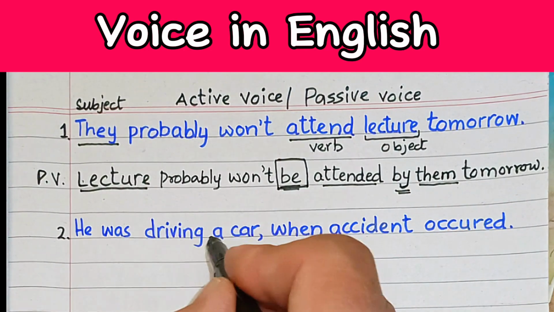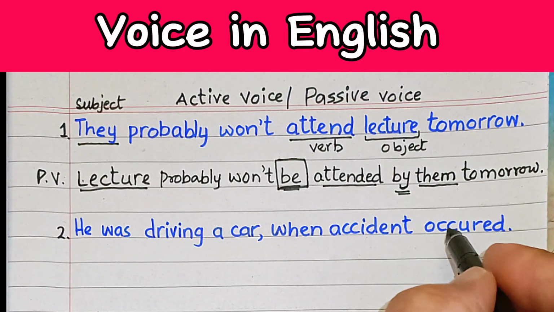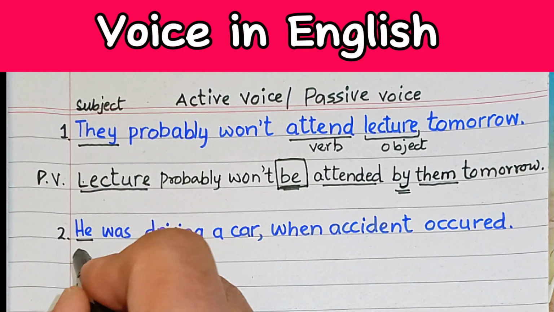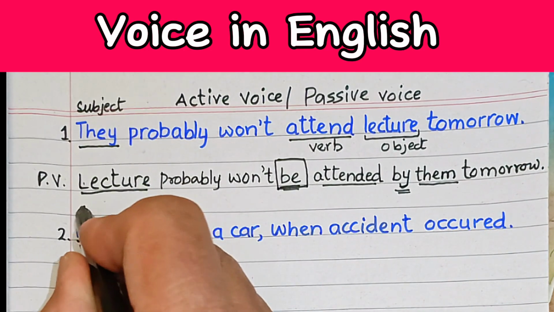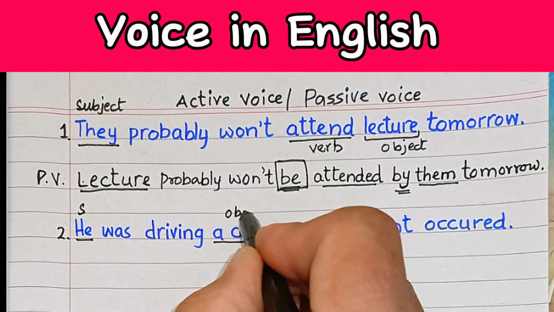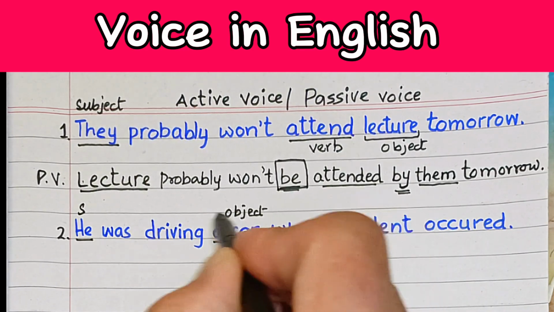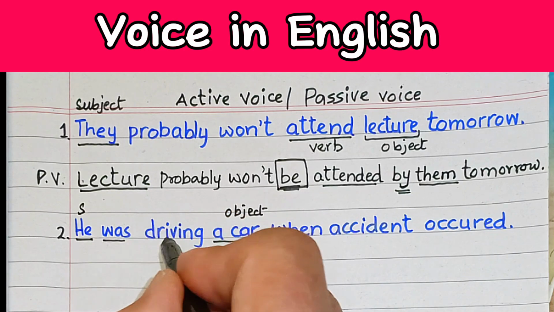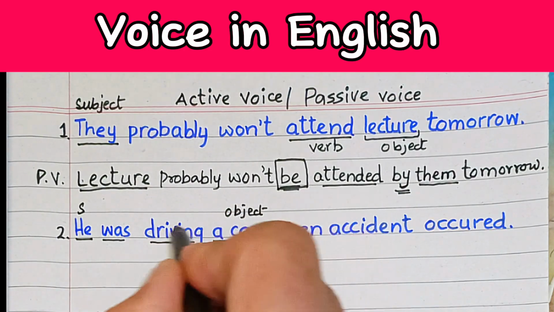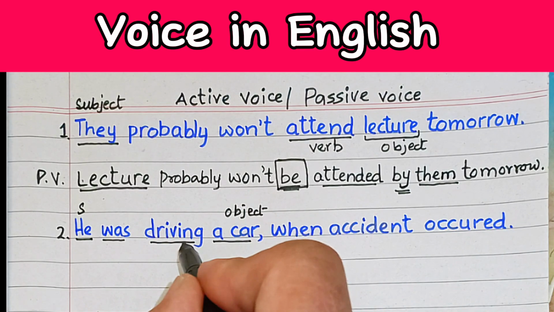Number 2, he was driving a car when accident occurred. So over here he is the subject, a car is an object, was is an auxiliary verb, and driving is the main verb. So subject, object, and then there are verbs.